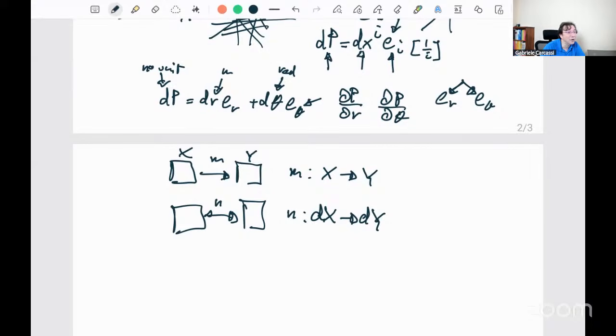And if you're writing it in coordinates, and let's say that this is 3-dimensional and this is 2-dimensional, then your n is going to have 3 indices down, i, j, k, and 2 indices up, l, m, because it's getting a 3-dimensional variation and it's giving you back a 2-dimensional variation.